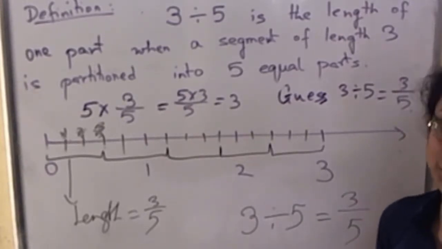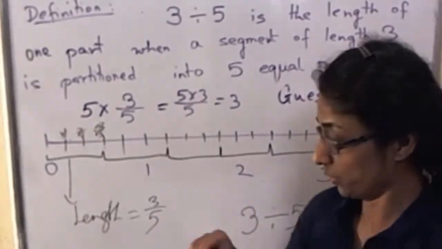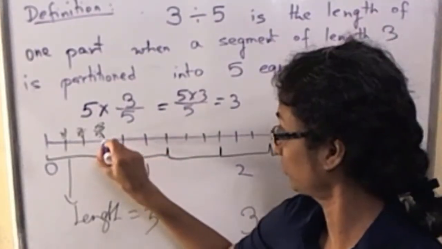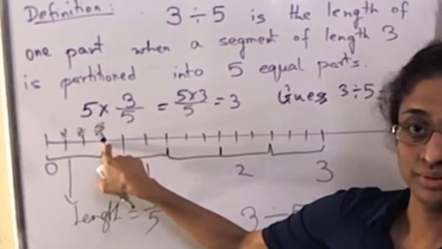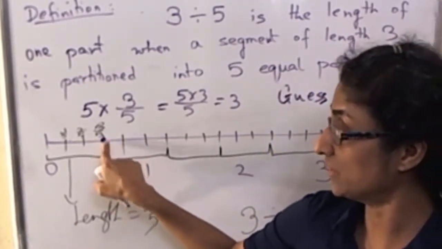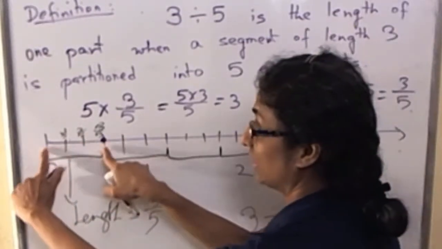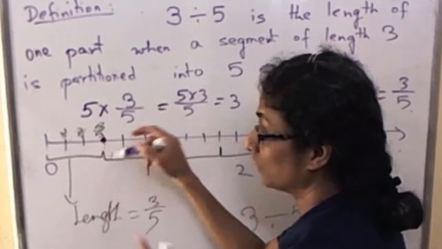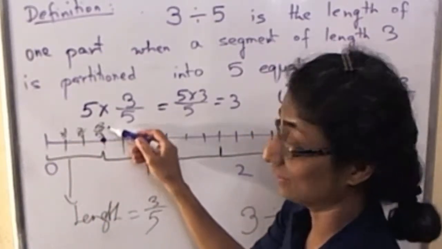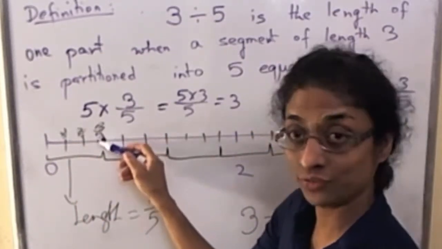So here are some observations. Look at this point. This length is 3 copies of the unit fraction 1/5. 3/5 is the third multiple of 1/5.